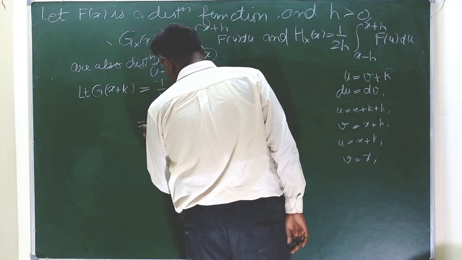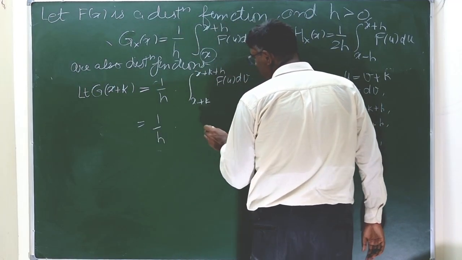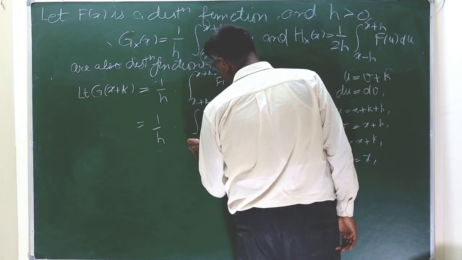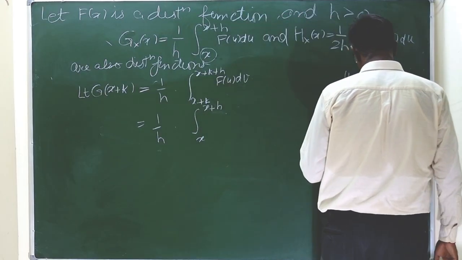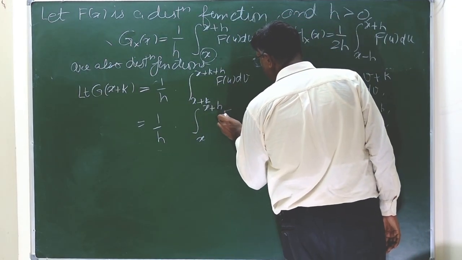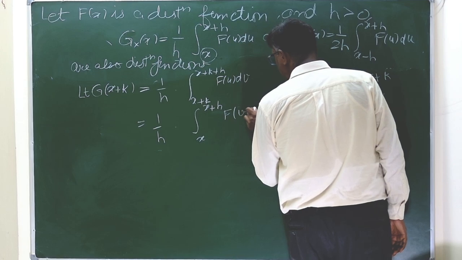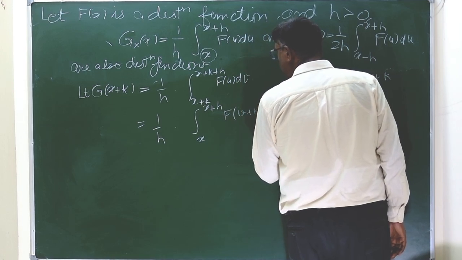So what do we get? We will get 1 over h, integral from x to x plus h of f of v plus k into dv.